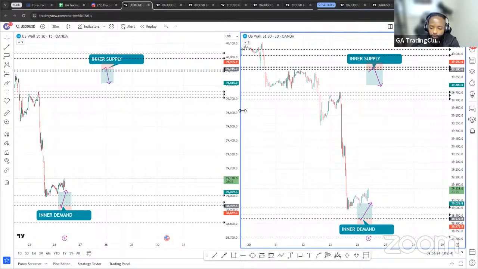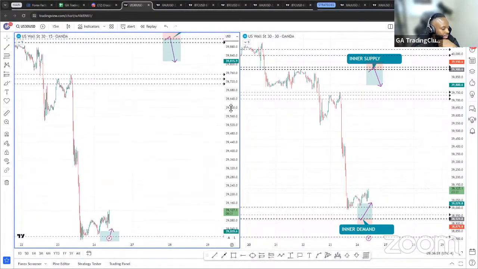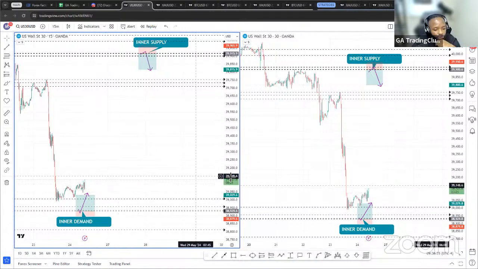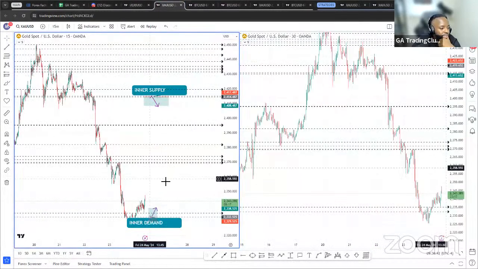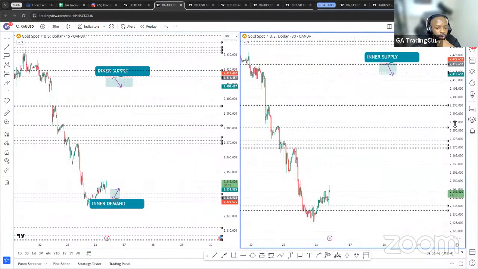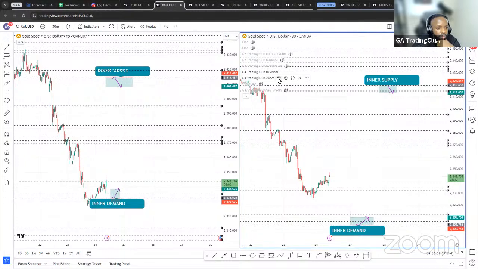So starting off with the supply and demand entries, price is not too far away from the demand. Price is closer to demand than supply for US 30, and for gold, I think. Let me see.